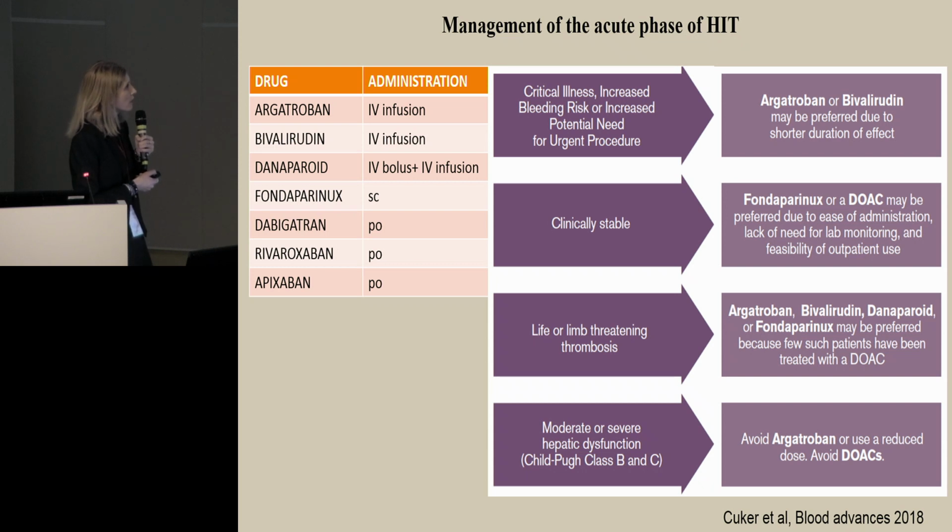If the patients are clinically stable, then they can receive DOACs or fondaparinux. But if the patients already present with a very extended thrombosis, then we try not to give DOACs because there are not so many reports regarding the efficacy of DOACs in these cases. We prefer fondaparinux or the IV drugs.